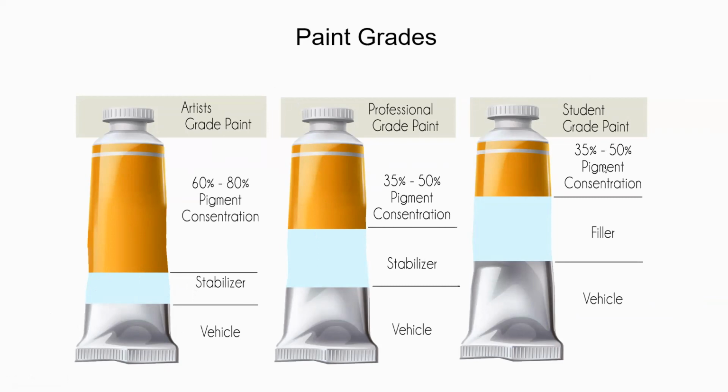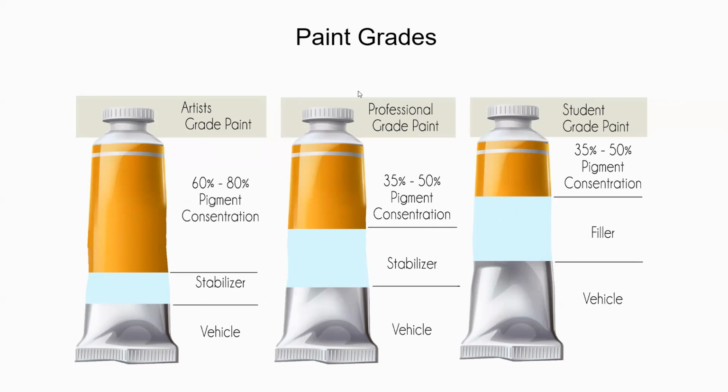Whereas the student grade might only have a tiny amount of actual color and then some filler mixed with it. So it looks in the tubes very similar to the artist grade paint, but when you start trying to mix them together, you're going to lose some vibrancy.